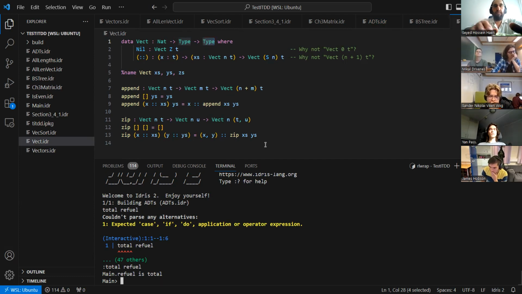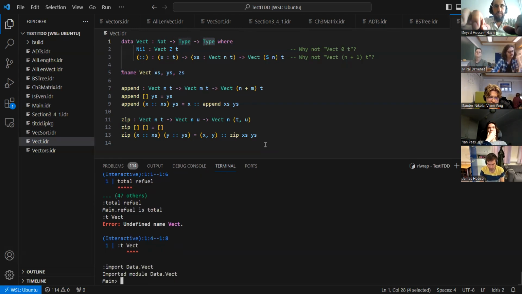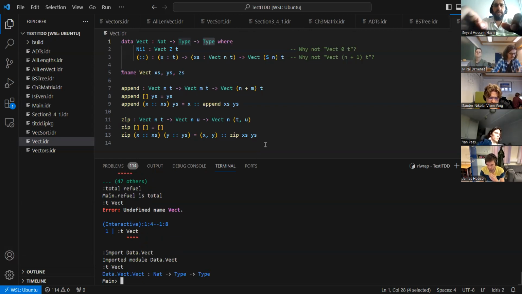So if you, for example, ask what's the type of Vect, well, sure, import Data.Vect, and then you ask what's the type of Vect.